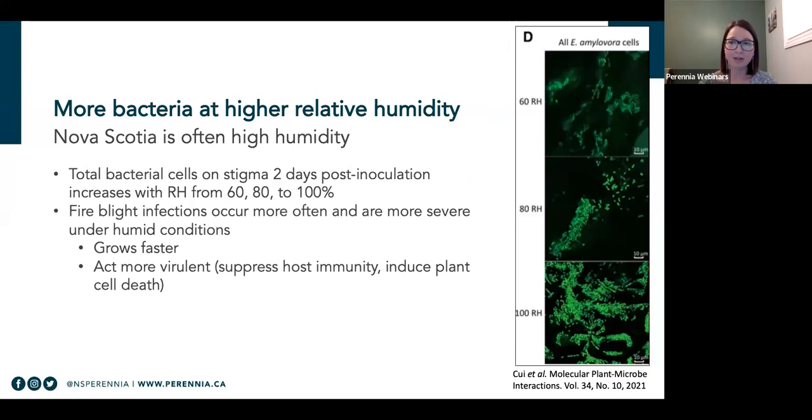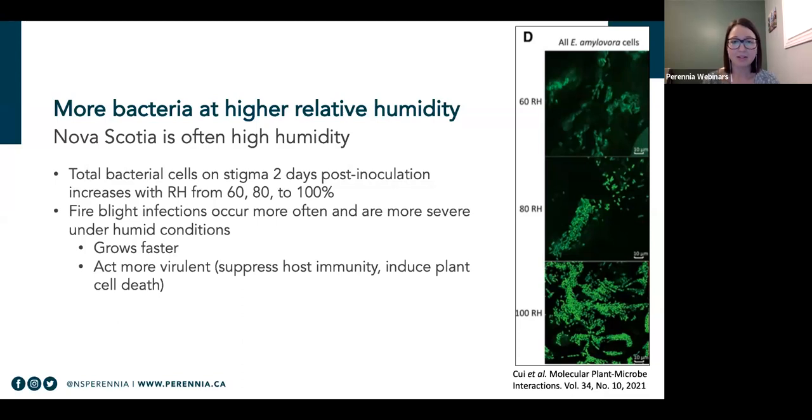Now, just a little side note here about Nova Scotia. We live in a very humid climate, and there's this research article that shows interesting information about how the relative humidity can impact bacterial growth on the stigma. This image on the right-hand side of the slide begins with 60% relative humidity, and those green fluorescent dots are the bacteria.